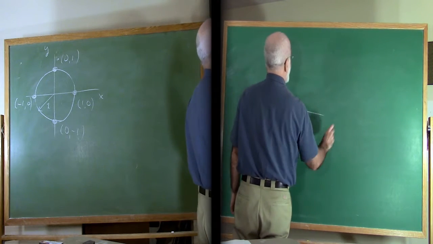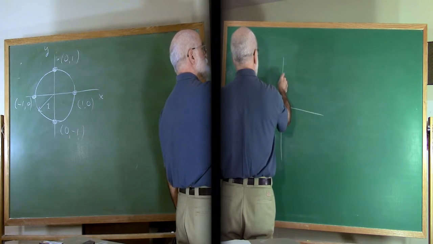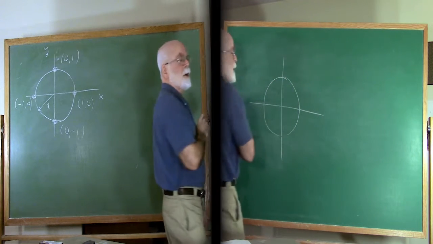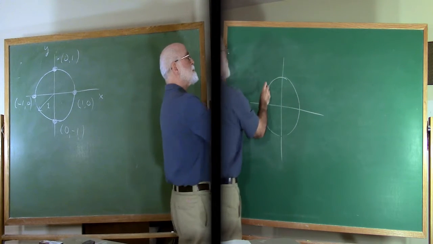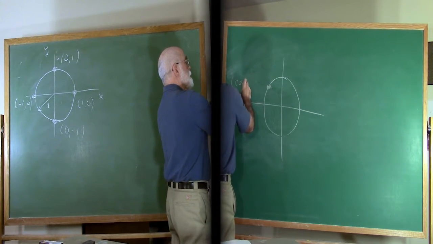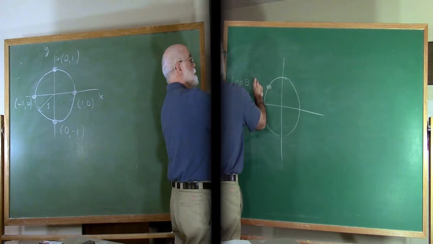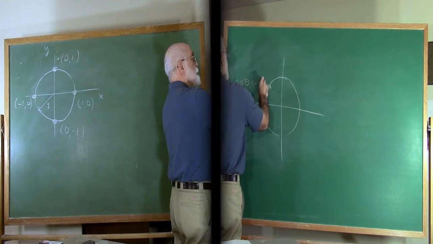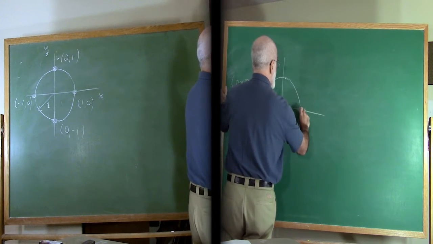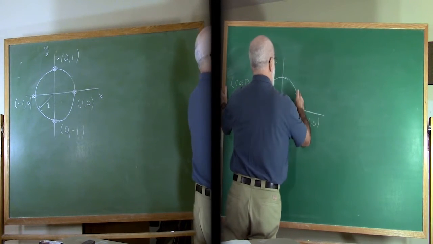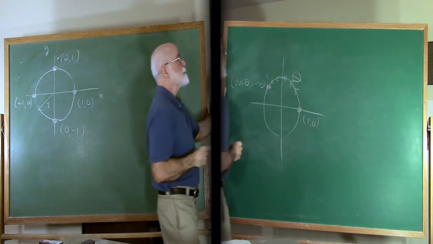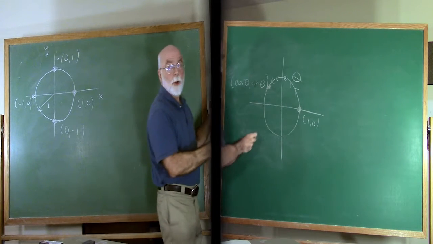Here's the Cartesian plane. There's the unit circle. Radius 1.